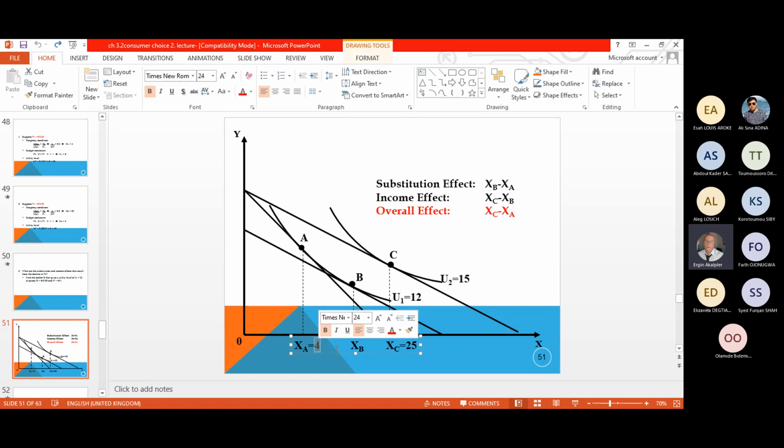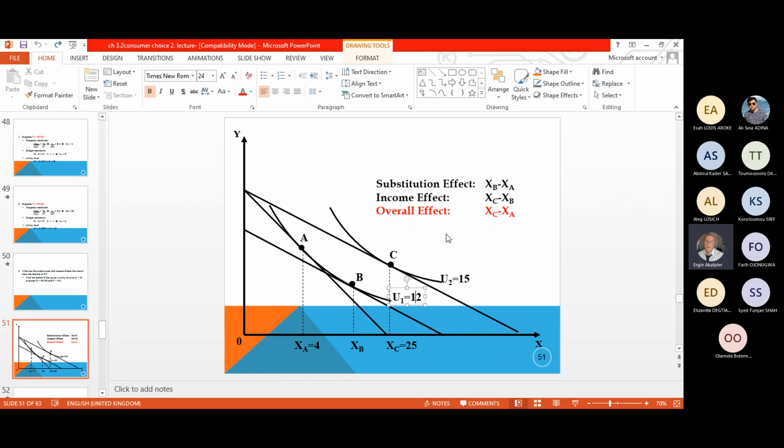X is 4 and the other x is 25. Then we are estimating, this is 25, this is 20, this is 15, this is 12. Then it is going to be asked, what is the overall effect? The substitution effect is XB minus XA. The income effect is XC minus XB, and the overall effect is XC minus XA.